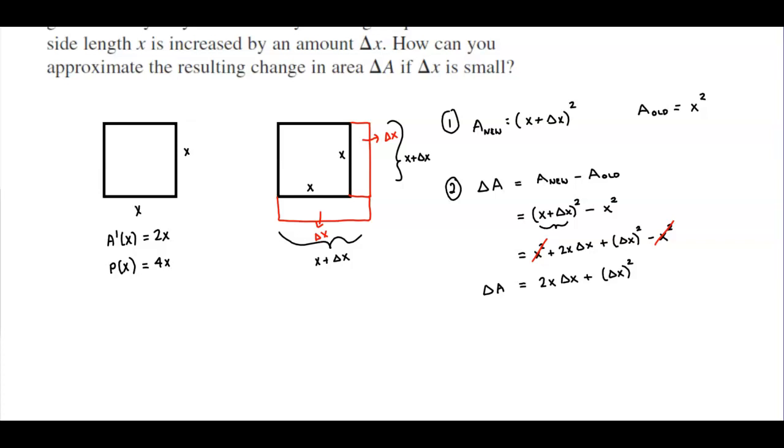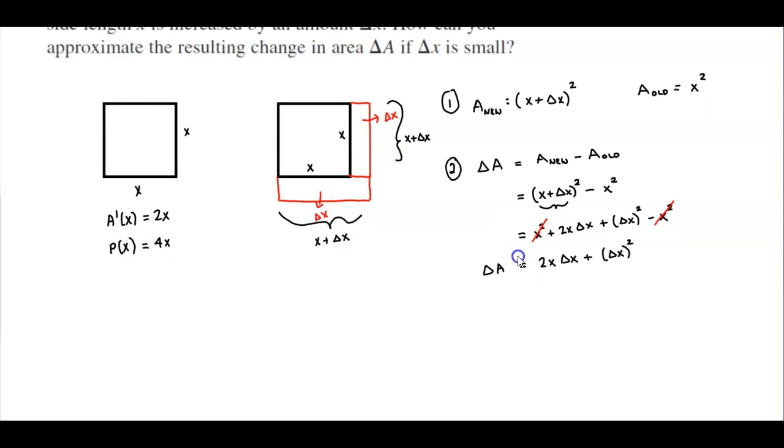Okay, so now how can you approximate the resulting change in area, change in A, if the change in x is small? What we want to determine is the change in A divided by the change in x. So that means we have 2x times the change in x plus the change of x squared, over the change of x.